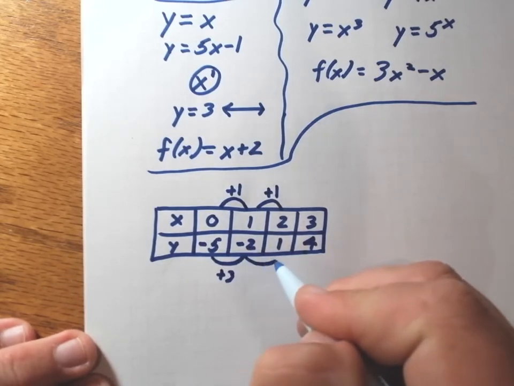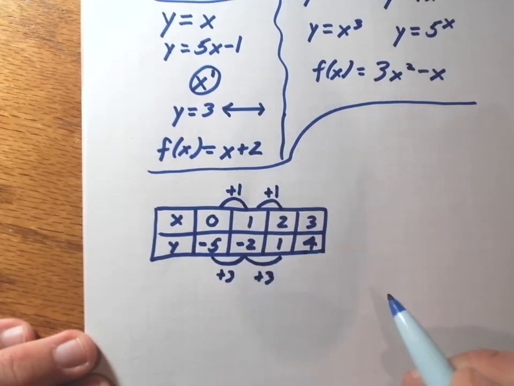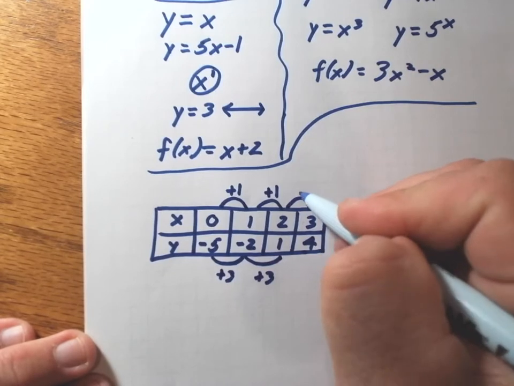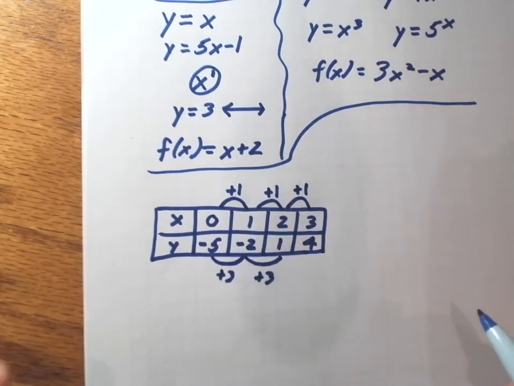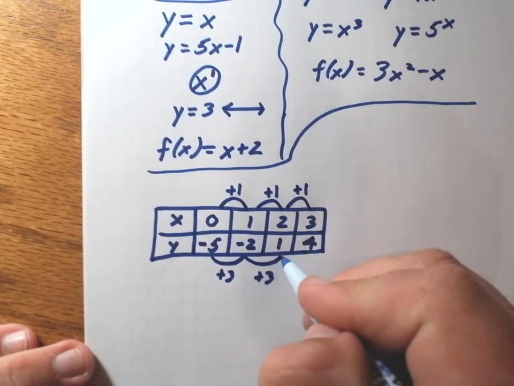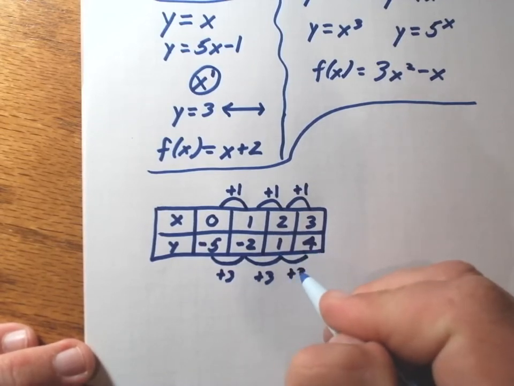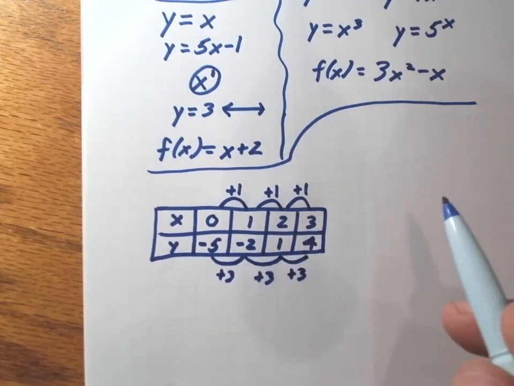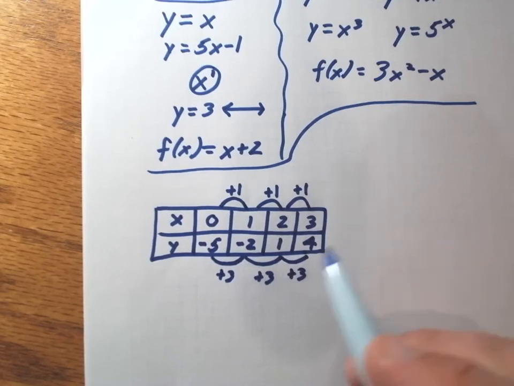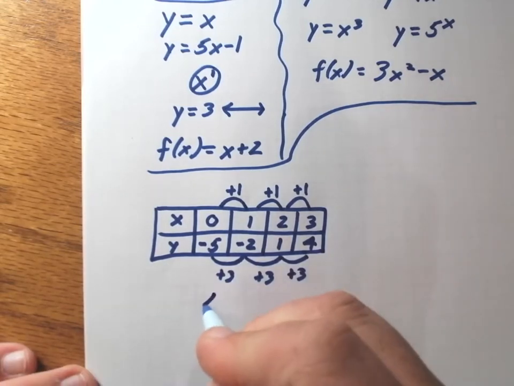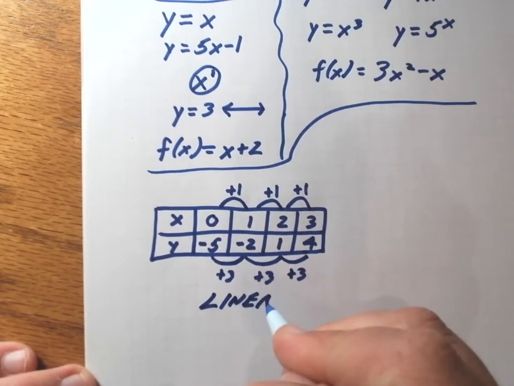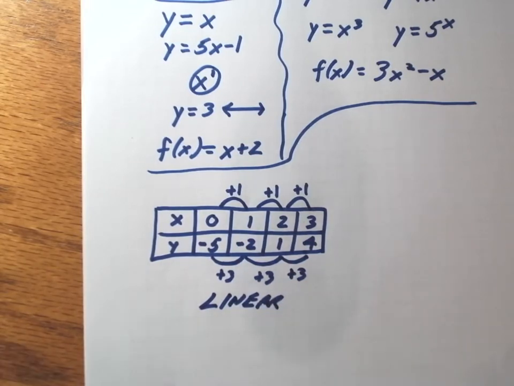And from -2 to 1, I'm adding 3. From 2 to 3, I'm adding 1. And so you see that the domains are consistently going up by 1. Now the range from 1 to 4 is going up by 3. So if you notice, there's a similar pattern in between the x's and the y's. This is a linear function because of that.